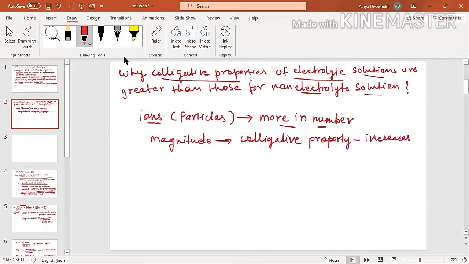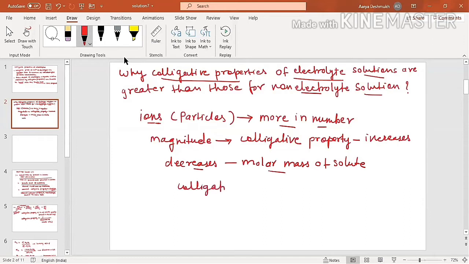This is the reason, and this increase in the colligative property decreases the molar mass of the solute. Remember why this is so? Because we know that colligative properties are inversely proportional to the molar mass, that is M2.